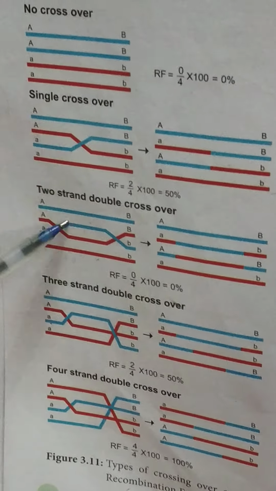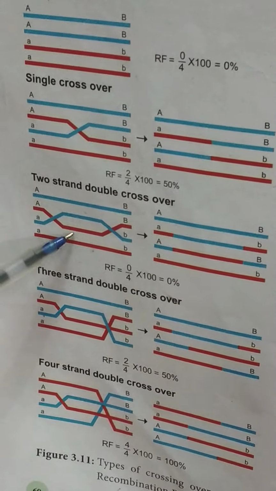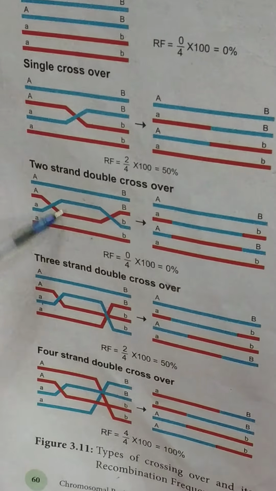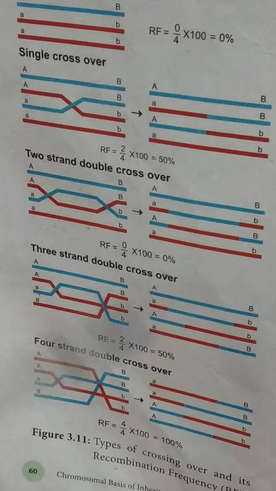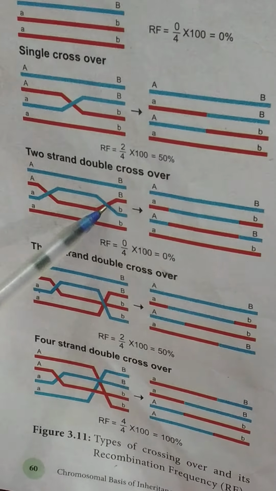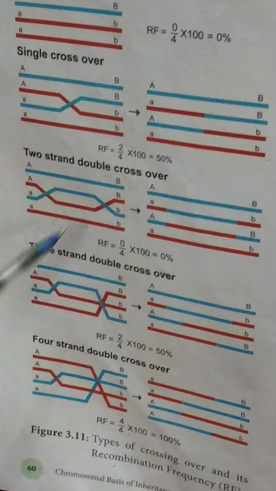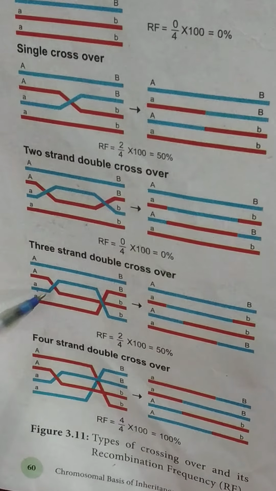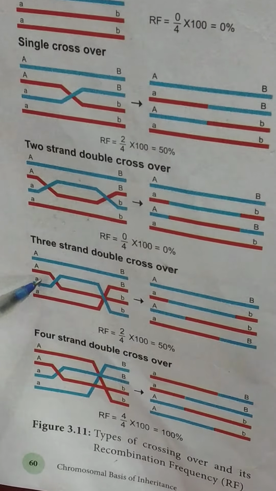And this next picture is the 2-strand double crossover, where you can see the double crossover, 2 chiasma formations have taken place. There are 2 strands involved. And this picture is for 3 strands involved, where double crossover takes place.